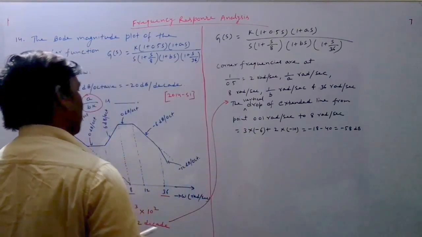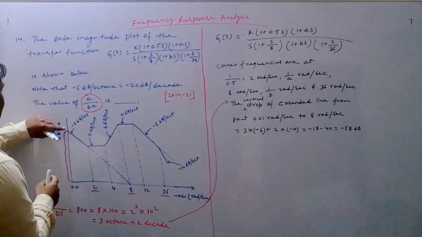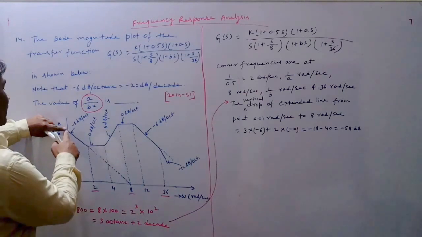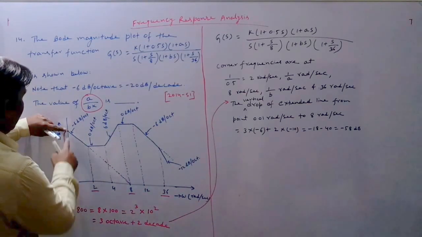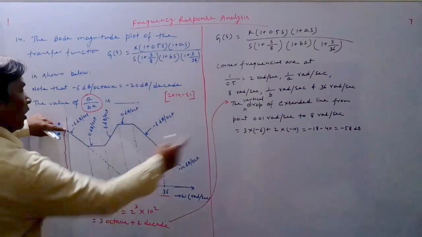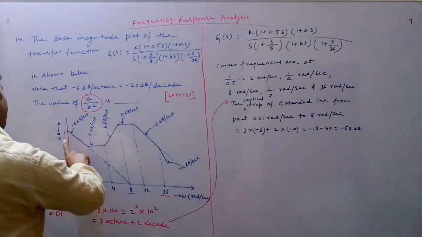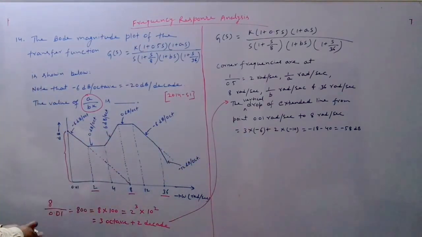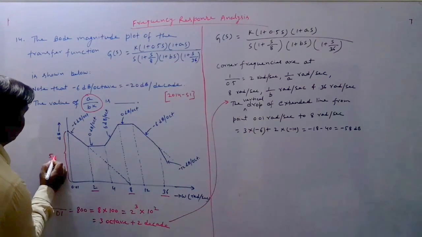So this drop is equal to minus 58 dB. It means when we travel from this point, 0.01, to this point, the vertical drop is minus 58, which means this magnitude is 58. So now we can write here this magnitude as 58 dB.